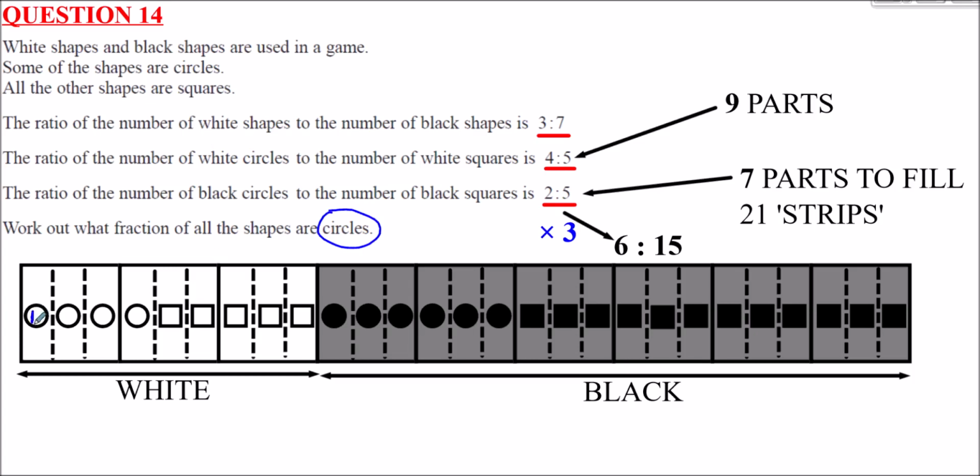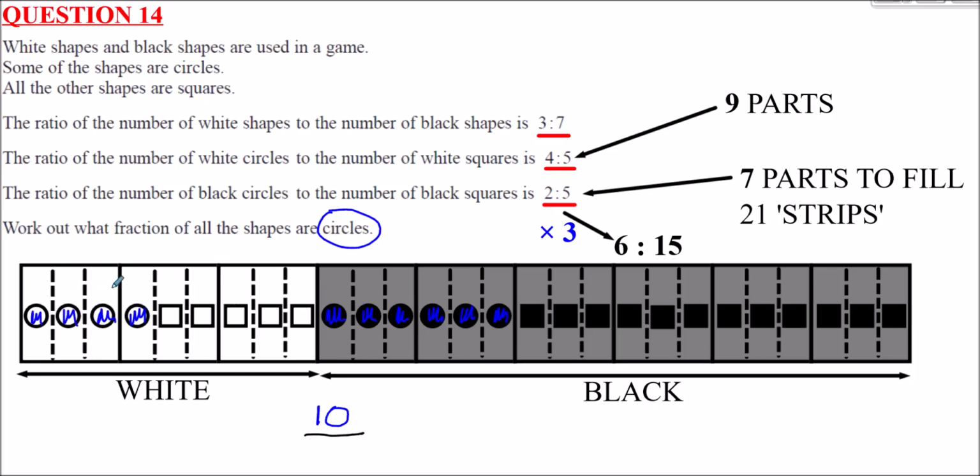Well, I've got 1, 2, 3, 4 white circles, and 6 black circles. 4 plus 6 gives me a total of 10. Out of a total of how many different bits are being represented. Well, I had 10 big squares.